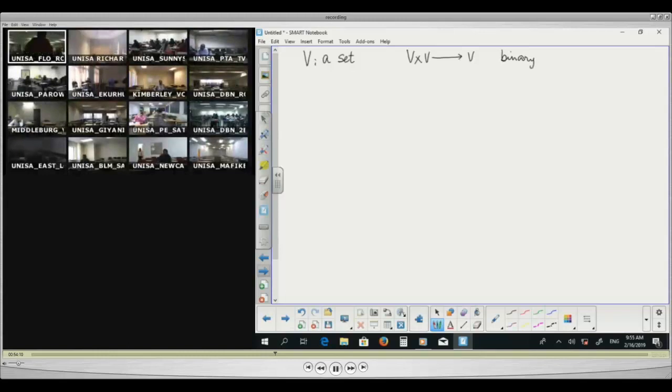Okay? We usually denote this, let this function be written as box. So we take it and we usually write it like this. It's called an infix notation, which is very pleasing. Okay?